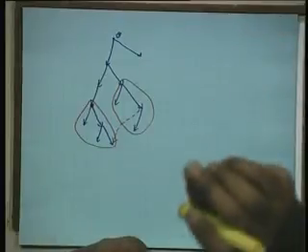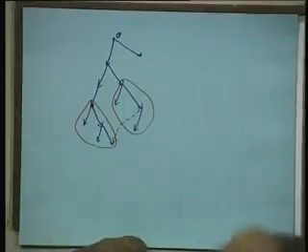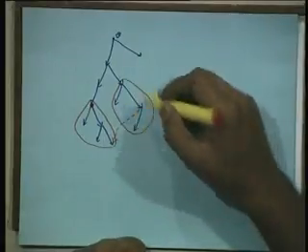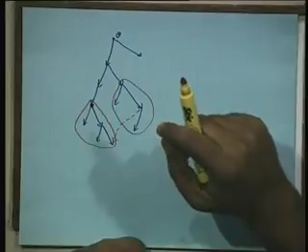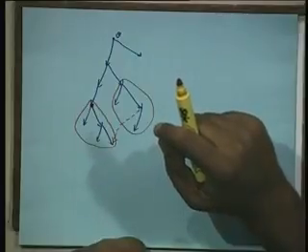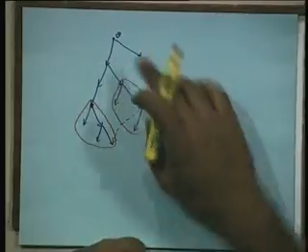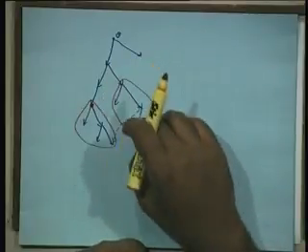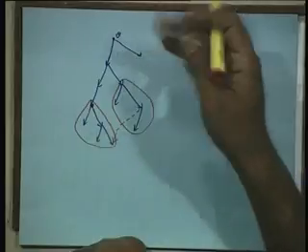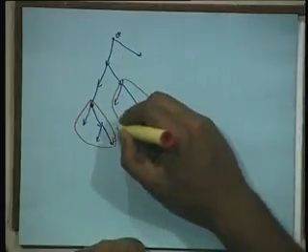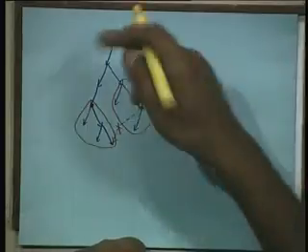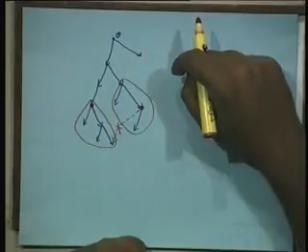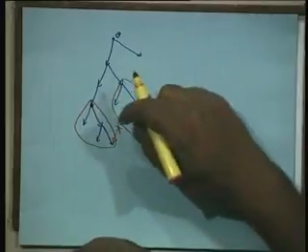Clearly, this is necessary. If from this subtree there is no edge going out, then this graph is not strongly connected. Why? Because then you can only enter the subtree, you can only come to this set of vertices, you cannot go out of them. What I mean is that if there were no edge going out of this subtree, then I cannot go from this vertex to the root, for instance, to vertex V, because there is no edge going out of these 4 vertices.